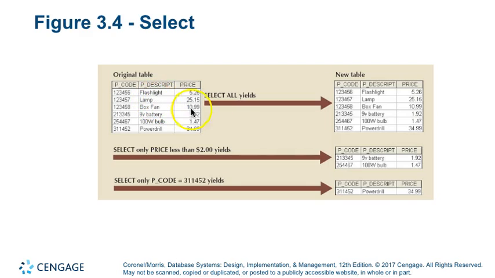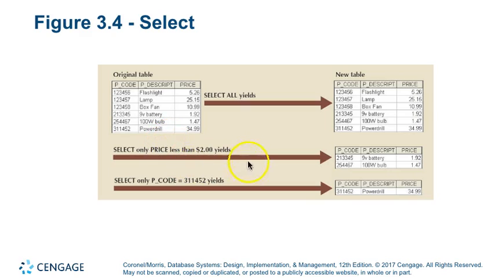A select all or select star retrieves a table in memory or a temporary table, an exact duplicate of that table. If I select only the price less than $2, I am essentially running a query where price is less than $2.